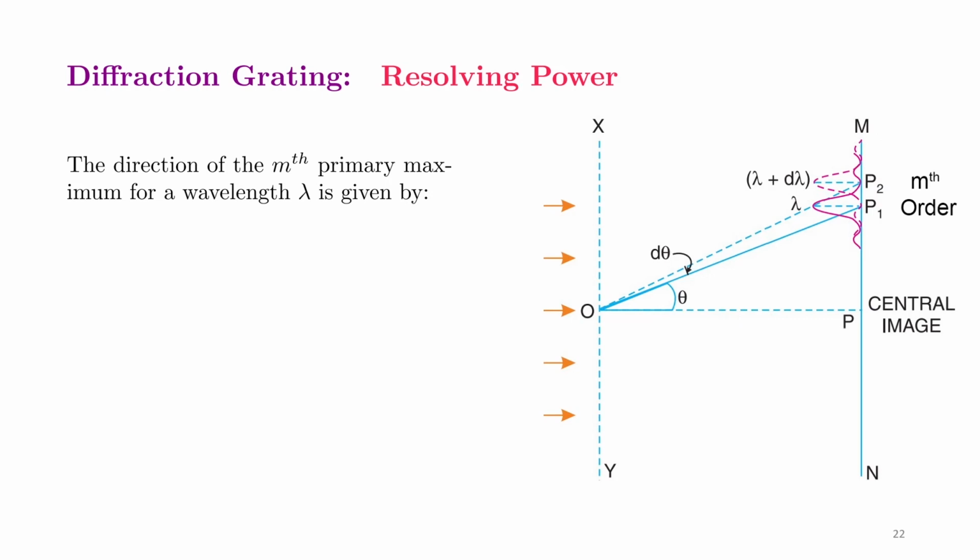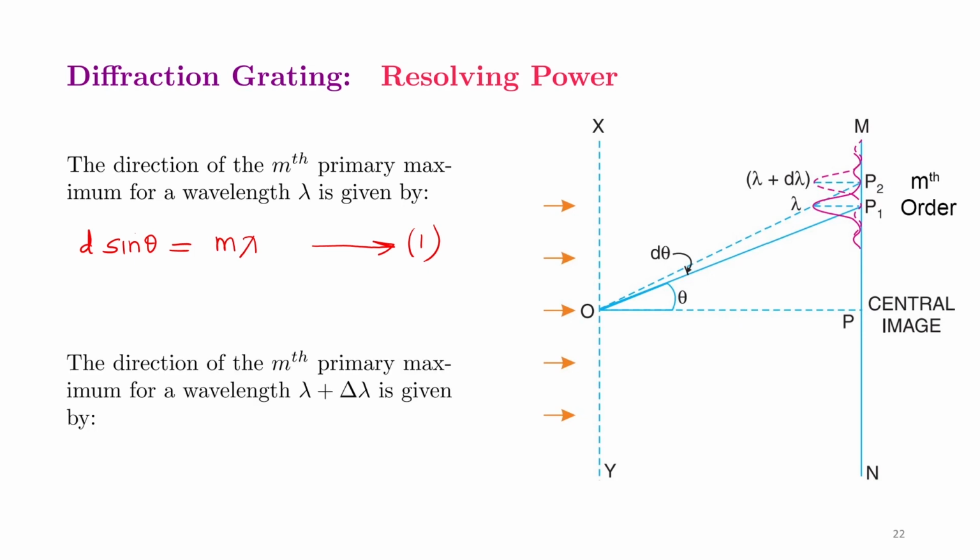Now, the direction of the mth primary maximum for a wavelength lambda can be written as d sine theta equal to m lambda. Let us call this equation number 1. The direction of the mth primary maximum for a wavelength lambda plus delta lambda is given by d sine of theta plus d theta equal to m times lambda plus d lambda.